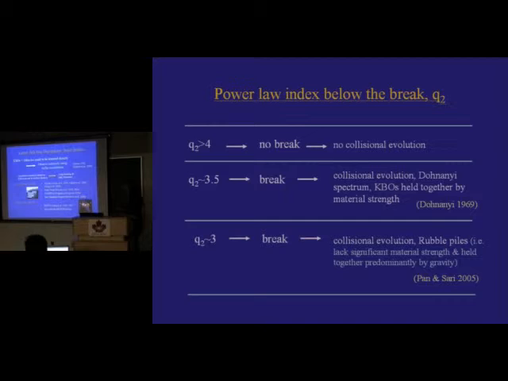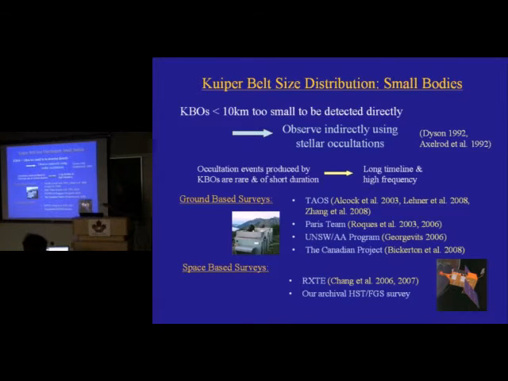There have been several surveys that have tried to do this. Maybe the most promising ground-based survey is the TAOS project. They built several dedicated telescopes that monitor several stars every night, looking for such occultations. But there have been several other projects as well.